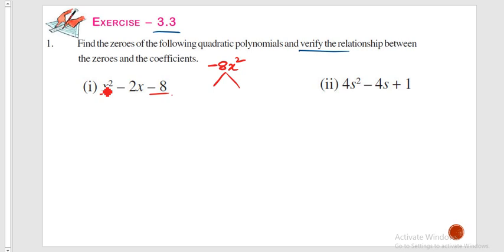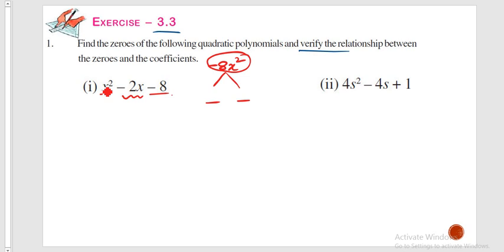Now after this, you need to split this into two terms, such that their product should be this particular value, and sum or difference should be the middle value, right? So we need to select those two particular terms.